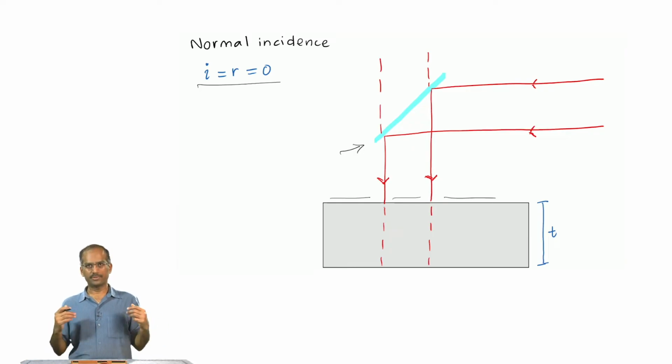And now what we have is two sets of beams, one reflected from the top of the slab, the other from the bottom surface of the slab, and there is a path difference generated by this thickness T of the slab.